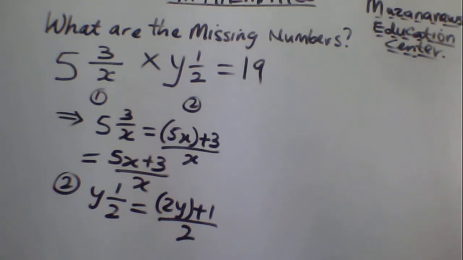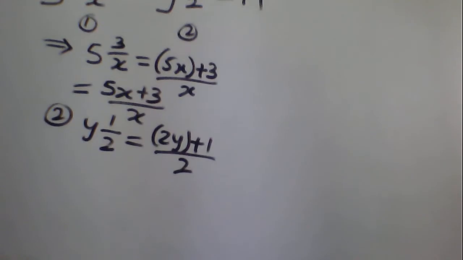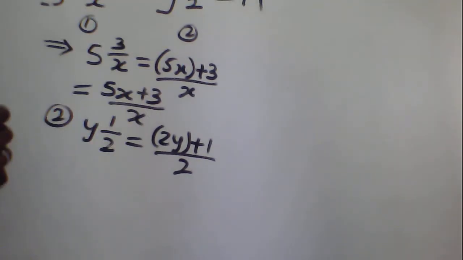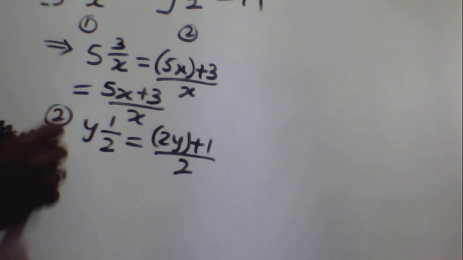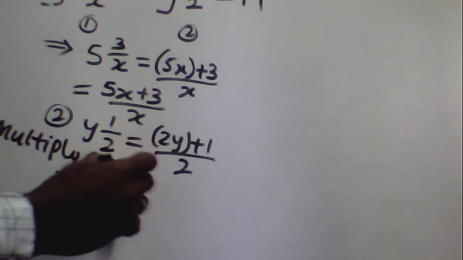Once you have arrived at this point, the next is to simplify to get the values of x and y. So you can return this to the equation and then it will be easy for you to see. We now multiply 1 to 2.